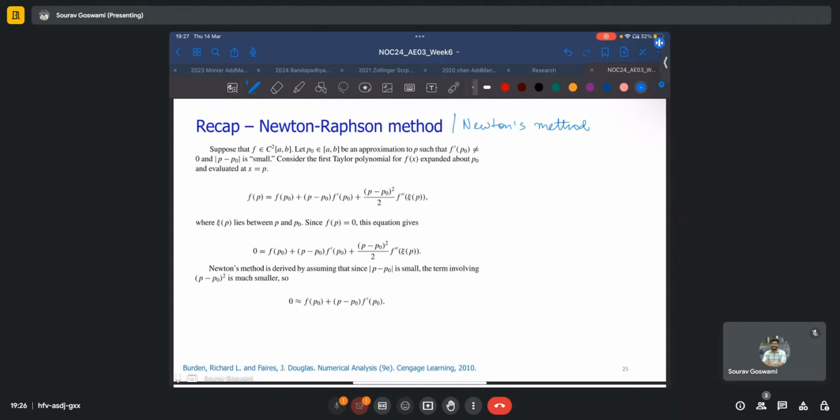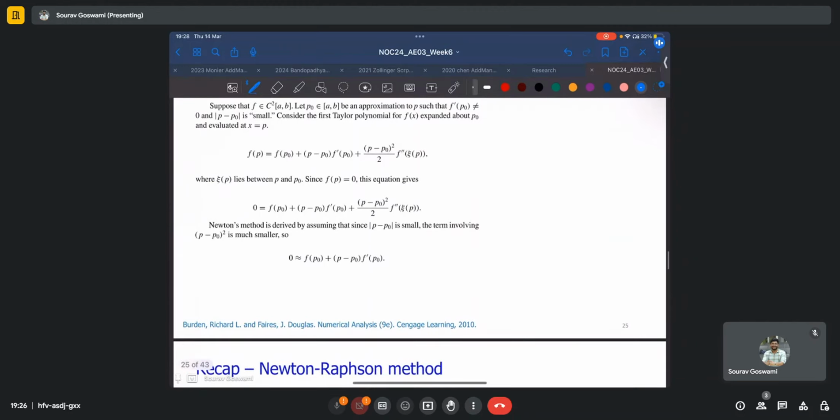And we go back to our Taylor polynomial, and when we expand f(x) using the Taylor series about the point p0 and evaluate it at x equals p, the formulation will be something like this: f of p equals f of p0 plus (p minus p0) f prime of p0 by 1 factorial plus (p minus p0) squared by 2 factorial f double prime of zeta p.